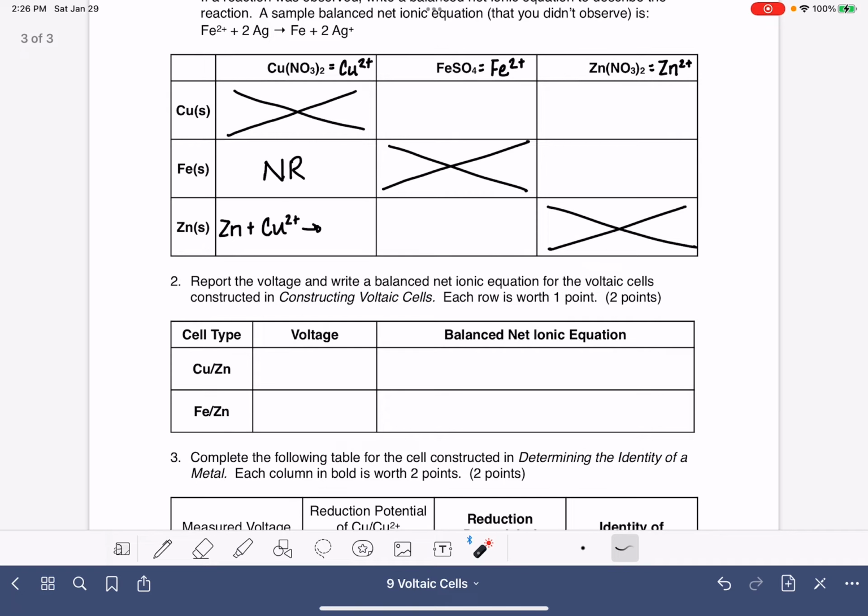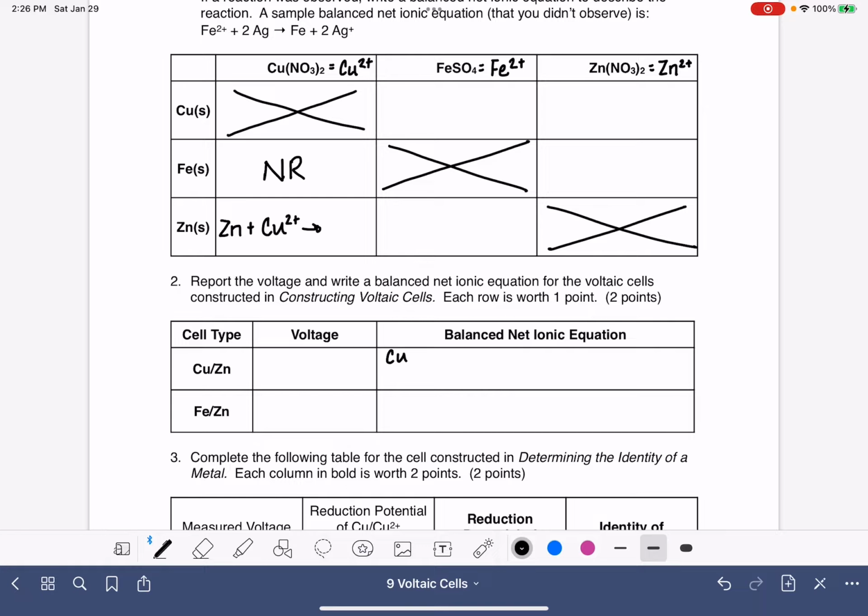For part number 2, you created 2 voltaic cells. The first cell that you created was between copper and zinc, and in this box you will be reporting the voltage that you recorded after you made that cell and measured its voltage. And then in this box here, you're going to write the balanced net ionic equation for the actual reaction that was taking place in the cell. So you know that the reaction was occurring with copper and zinc.